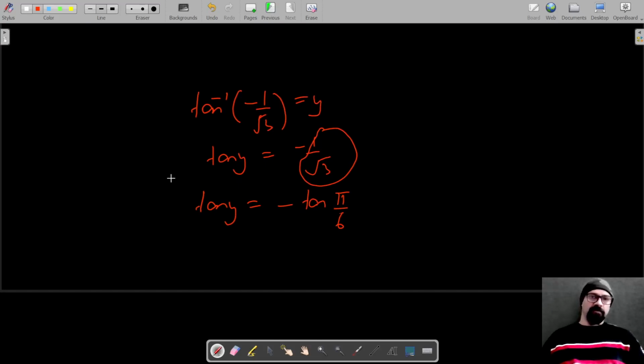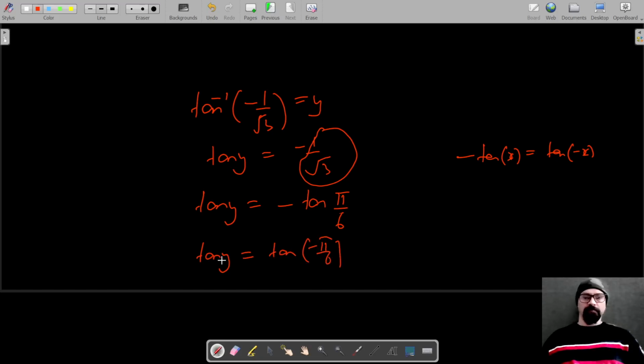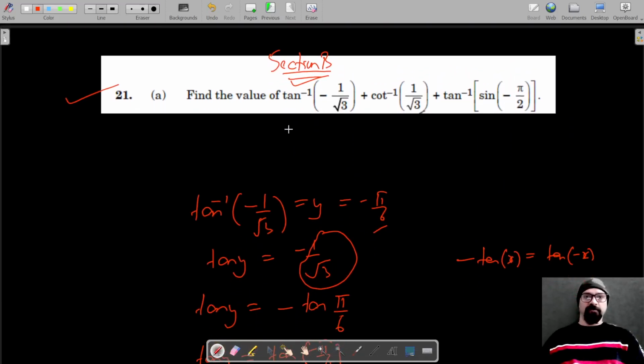And now tan of negative x is equal to negative of tan x. So this is tan y, which gives me y is equal to minus pi by 6. So the value of tan inverse of minus 1 by root 3 is minus pi by 6.